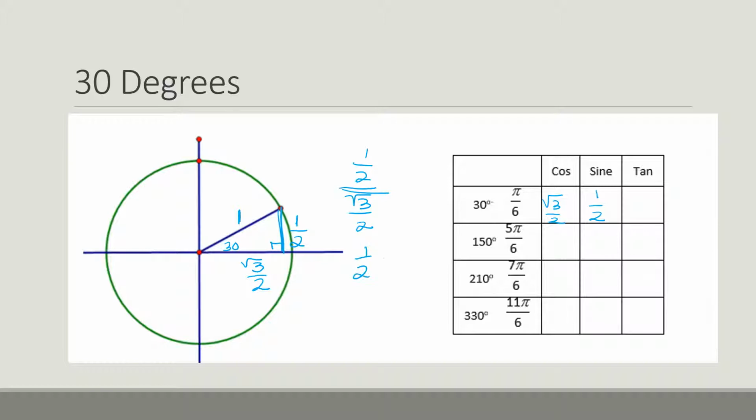So 1/2 times 2/√3. These cancel, and you get 1 over √3, and you have to rationalize, so √3/3. So you get √3/3 for the tangent.